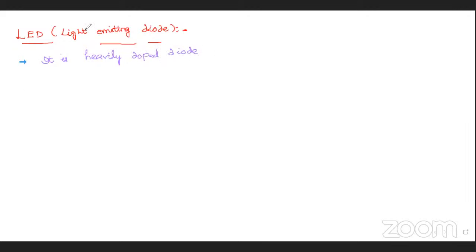Heavily doped diode. Okay. And number two, here the concentration will be almost an equal percentage of germanium or silicon. That's why what they take here is germanium arsenic. Of course, many combinations you can take.